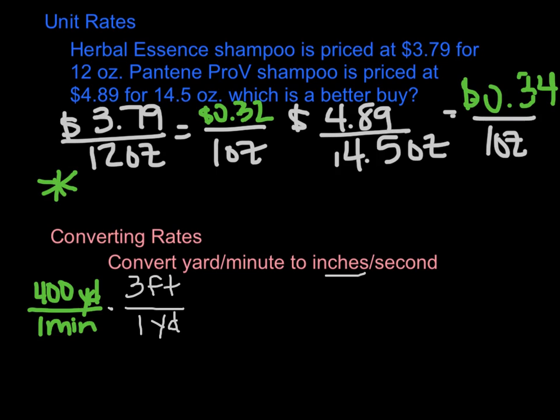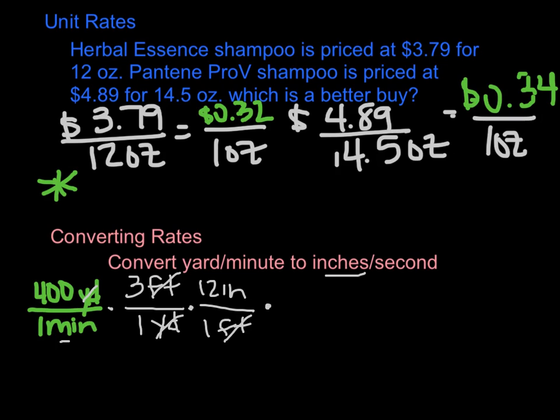Well, you still don't have inches, so then you want to think about, well, let's cancel feet. So put feet on the bottom, and 1 foot is the equivalent of 12 inches. And then you can cancel your feet because you've got that on the top and bottom, and you've canceled your yards. So now you've worked to get inches on the top. Now you have to work to get seconds on the bottom. You have minutes over here that you need to cancel.